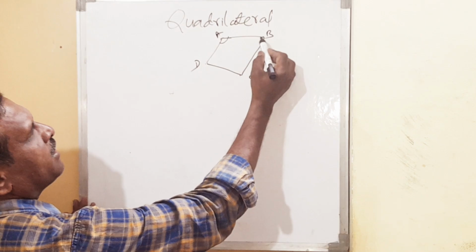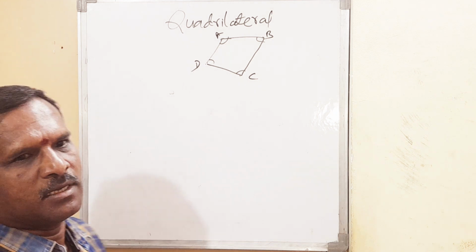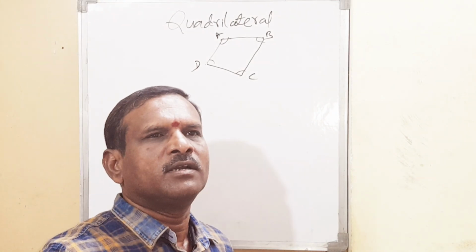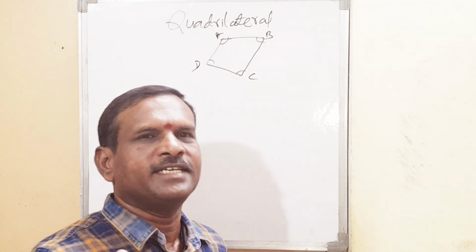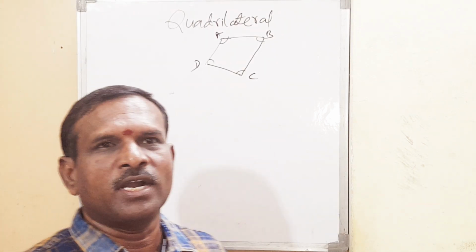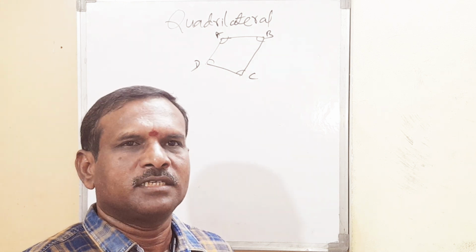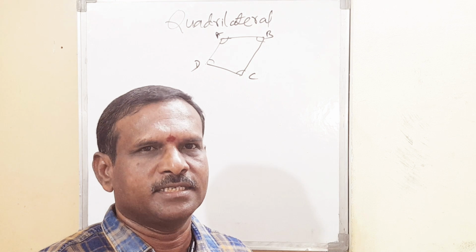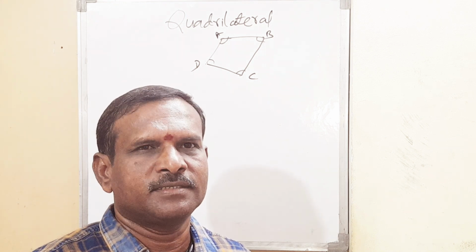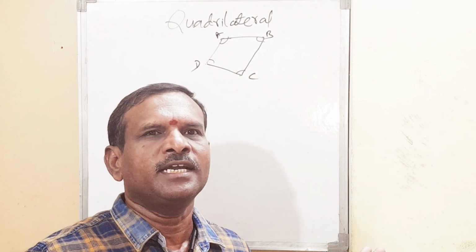So this is angle A, also DAB, and angle B, angle C and angle D. The sum of angles of a quadrilateral is 360 degrees, whereas the sum of angles of a triangle is 180 degrees. While discussing triangles, we will see that. Now the sum of angles of a quadrilateral is 360 degrees.